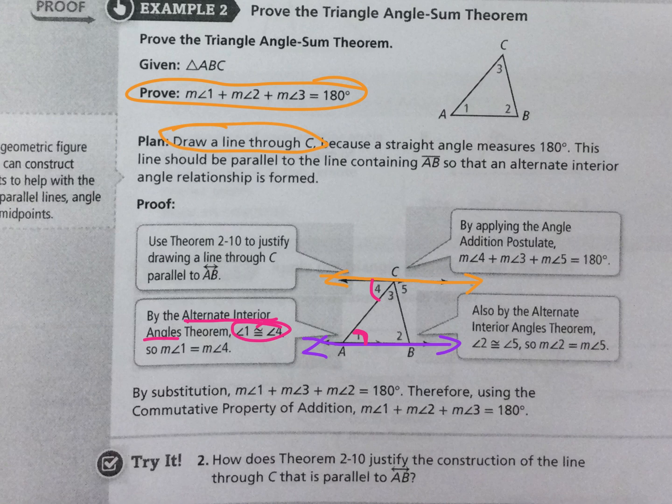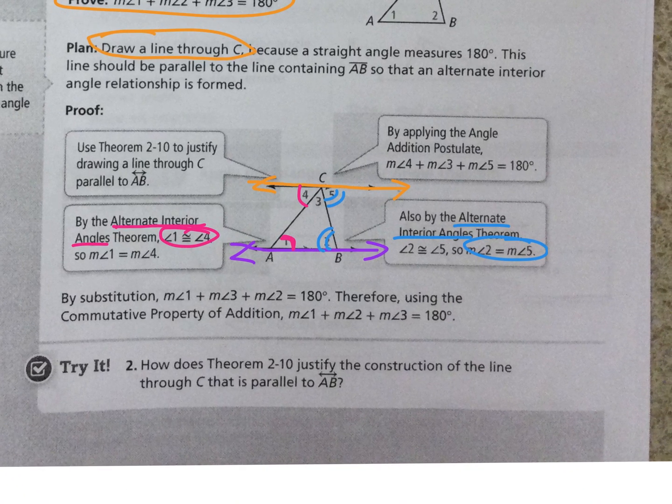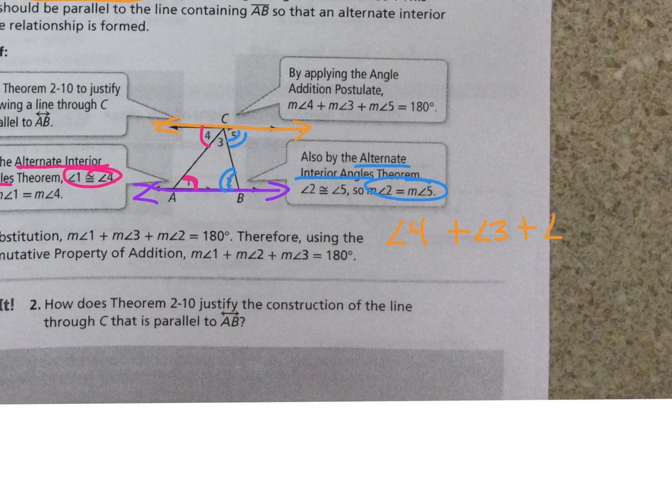We also know that angle 2 is congruent to angle 5 because of alternate interior angles also. All right, so now we also know that angle 4 plus angle 3 plus angle 5 equals 180 degrees.